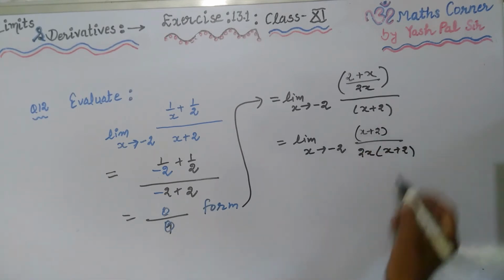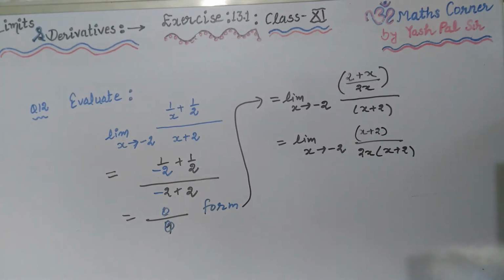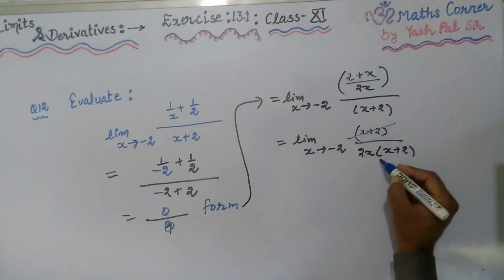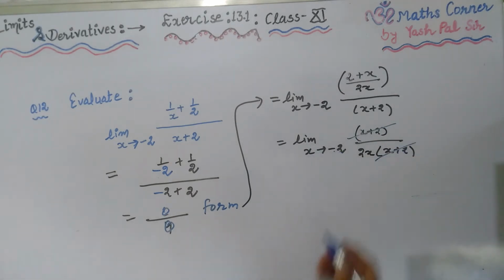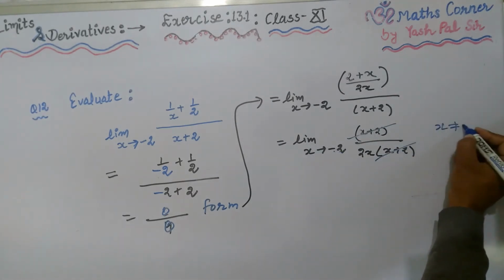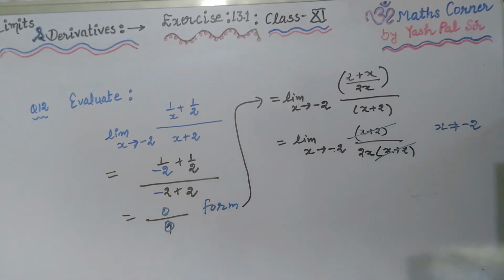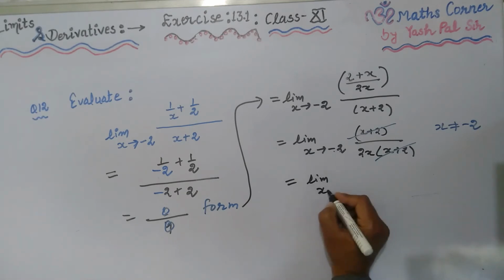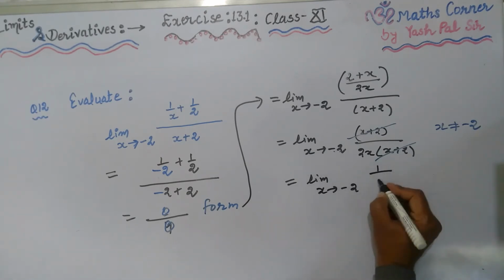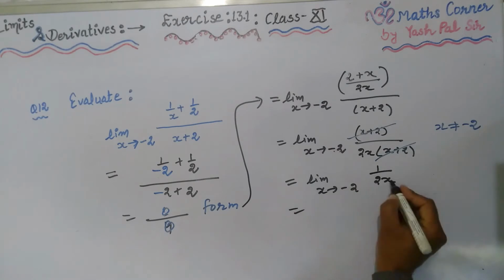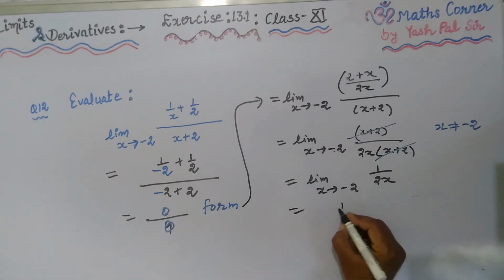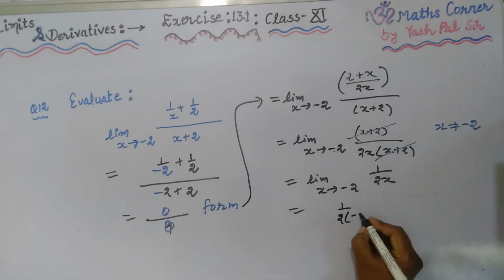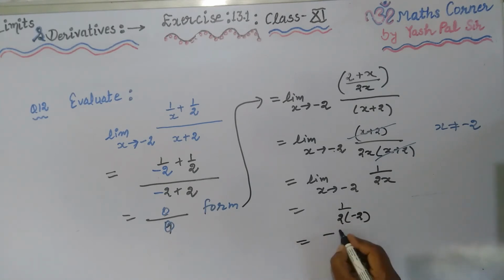Now x plus 2, x plus 2, this is cancelled. Why this is cancelled? Because we are just approaching towards minus 2, x is not equal to minus 2. So what we are left with now, this is equal to limit x approaches to minus 2, 1 upon 2x. Now in place of x we put minus 2, 1 upon 2 in place of x, minus 2. So minus 1 upon 4 is the limit to this question, right?